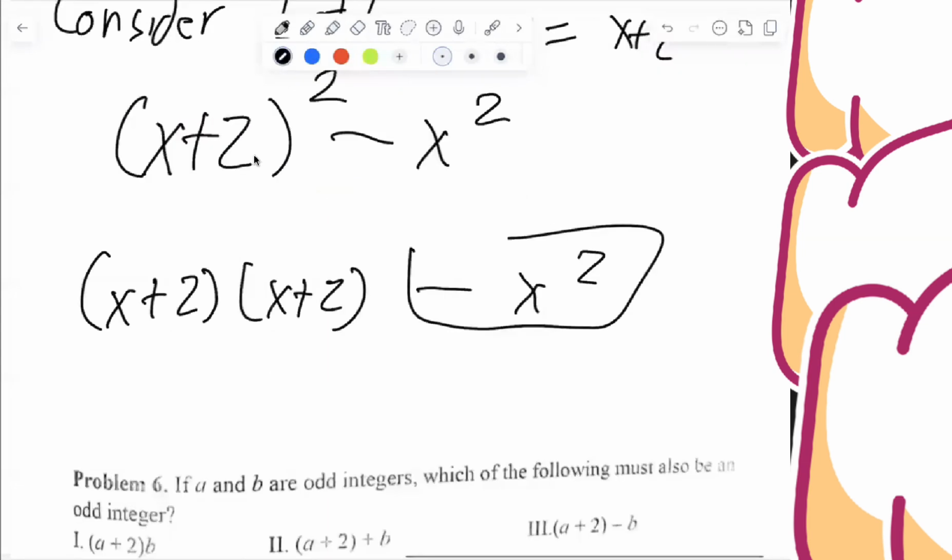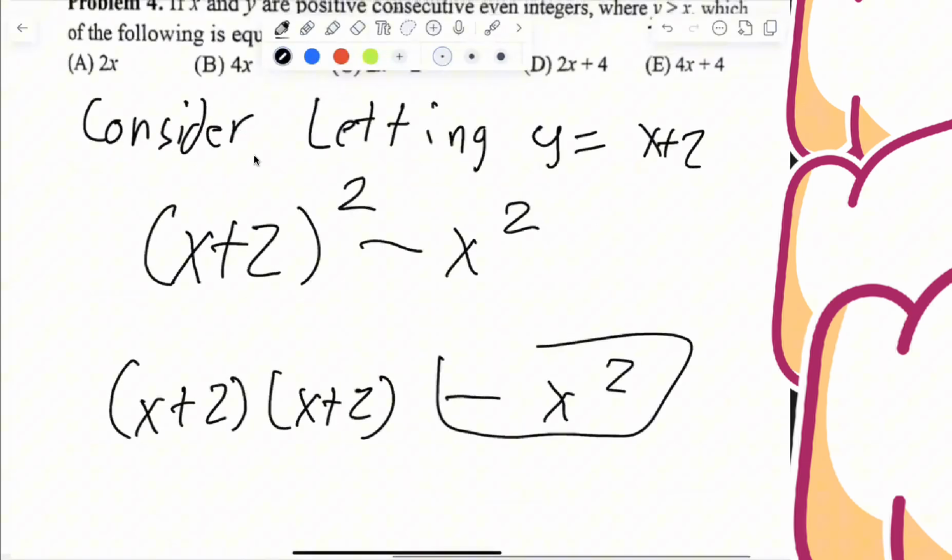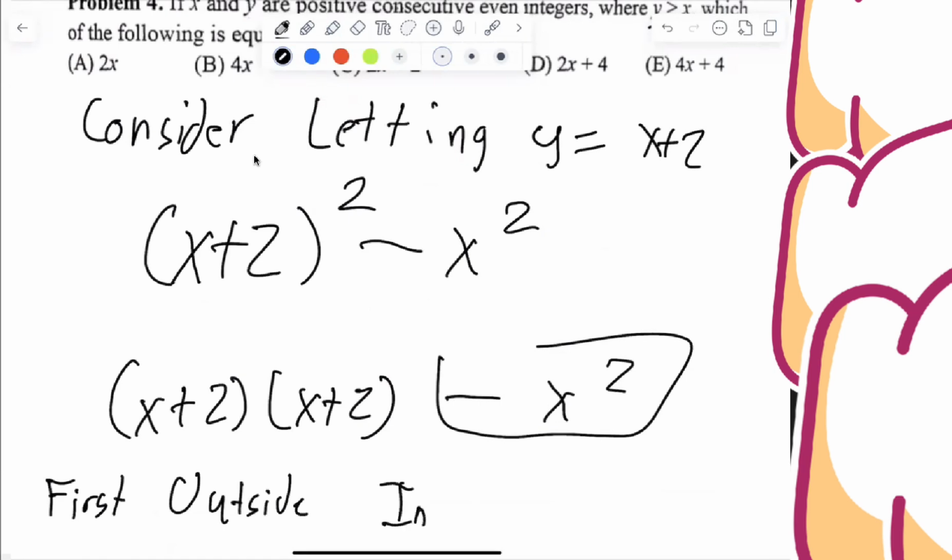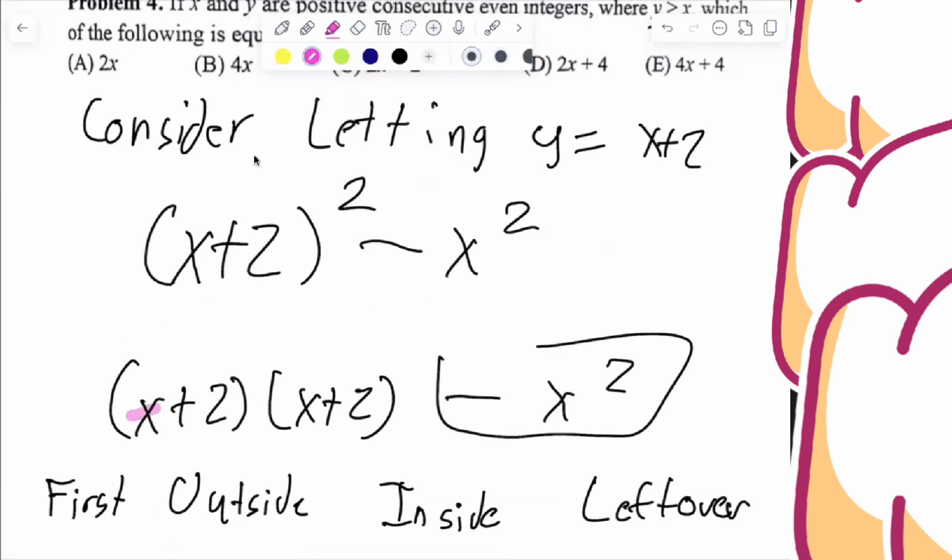Using FOIL, it states first, outside, inside, and, I think, leftover. Correct me if I'm wrong, but the point is we start with first. So the first is this one and this one.